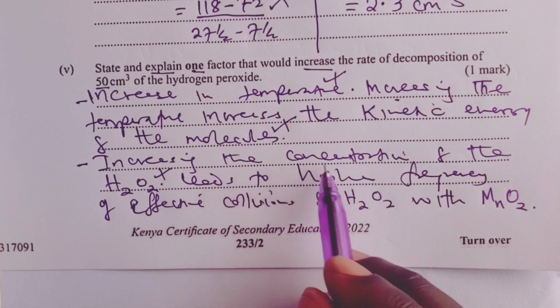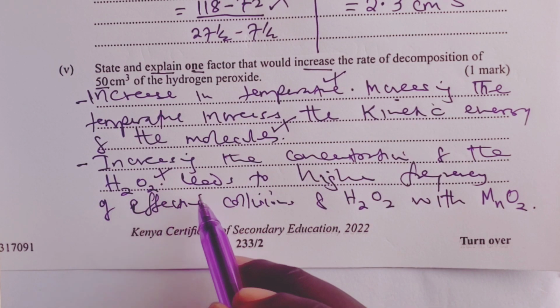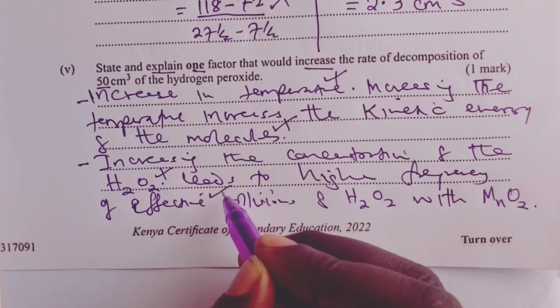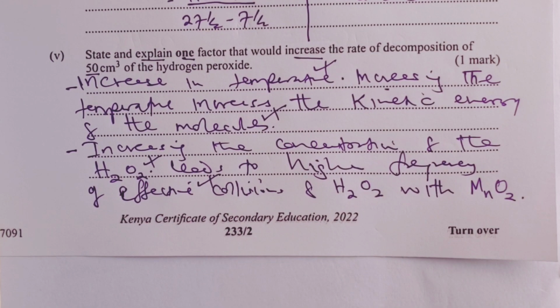So increase in concentration of hydrogen peroxide, half mark, leading to higher frequency of effective collisions, another half mark, total 1 mark.